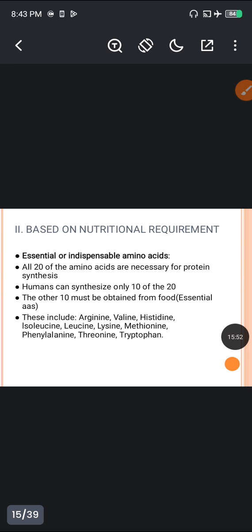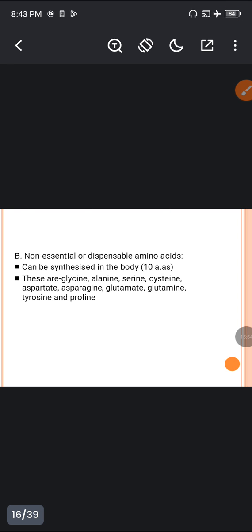So guys, then we have the non-essential amino acids, and we also call them dispensable amino acids. These are the amino acids that can be synthesized by our body. The body can synthesize about 10 amino acids to meet the biological need. That is why we call them non-essential amino acids.